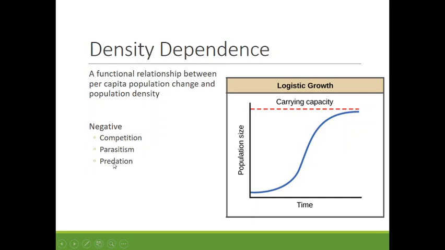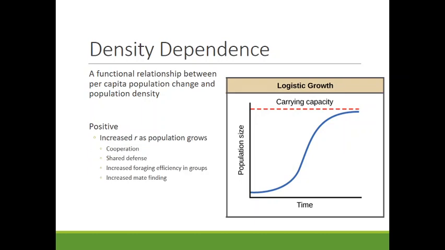And so then we get into this negative density dependence, where up here in this top portion of the curve, we get a huge impact of competition, parasitism, predation, all sorts of different density dependent processes. But we have to remember that density dependence isn't necessarily always negative.